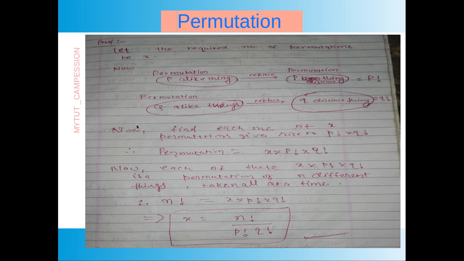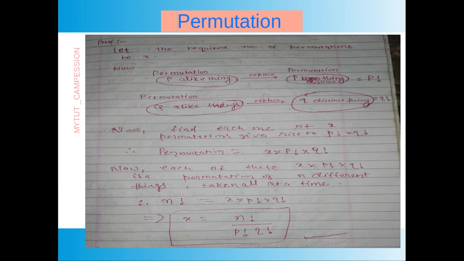So each one of the x permutations gives rise to x into p factorial into q factorial permutations. Now each of these is a permutation of n different things taken all at a time.